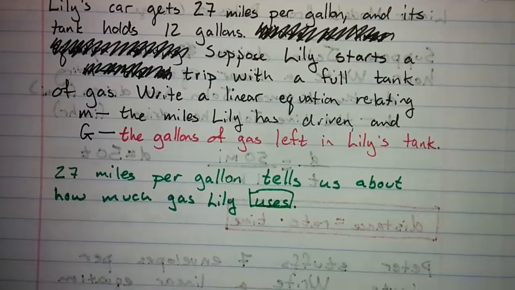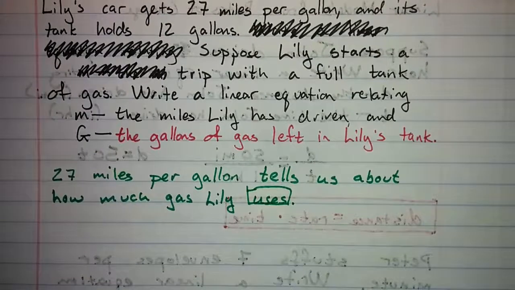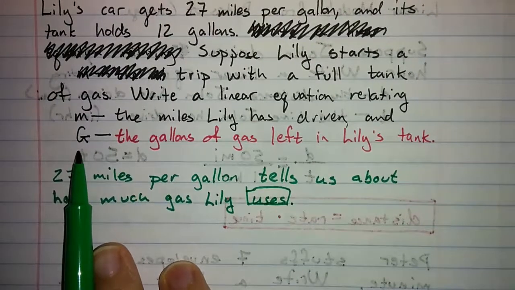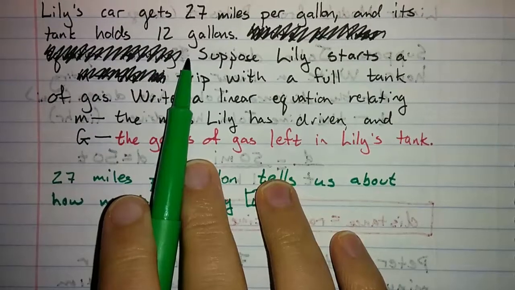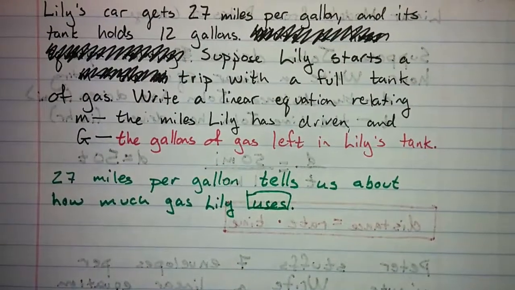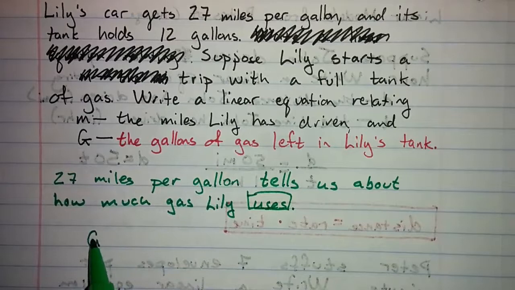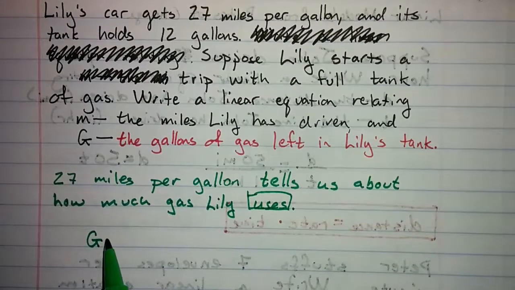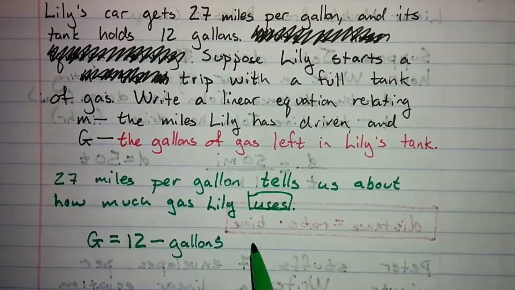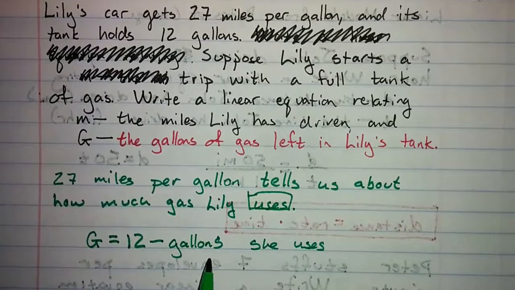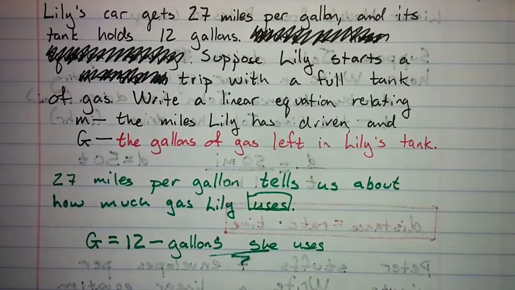But I think we understand that pretty well. The amount of gas she has left will be, well, she starts with 12 gallons, and then she uses some of it up. So the gallons she has left will be 12, and then take away the gallons she uses. We just need to figure out what this is.